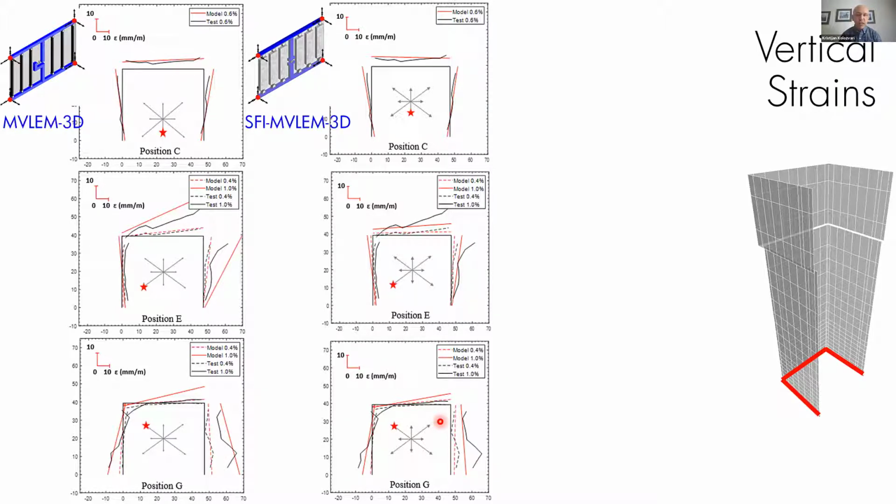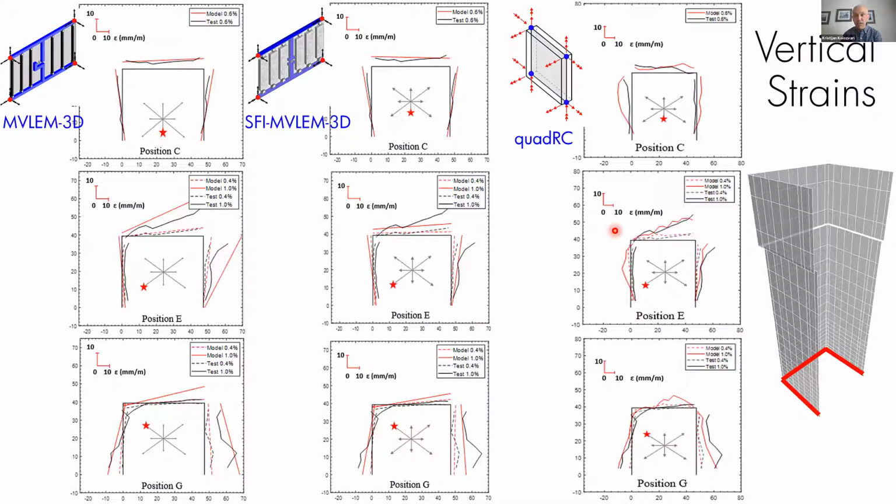And again, a straight line cannot predict nonlinear strain distributions. So again, another reason we have that discrepancy. The only model that can do this reasonably well is this Quad RC that does, again, not a perfect prediction, but it is able to capture this nonlinearity in strains at the base.